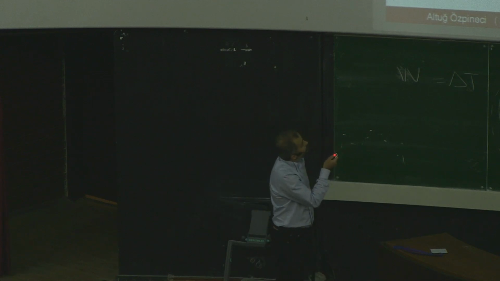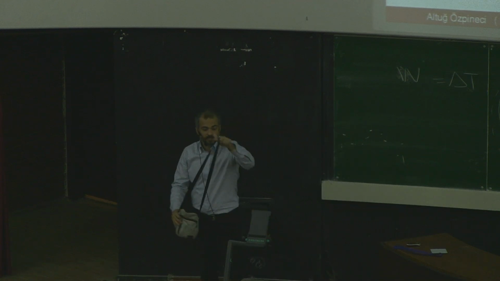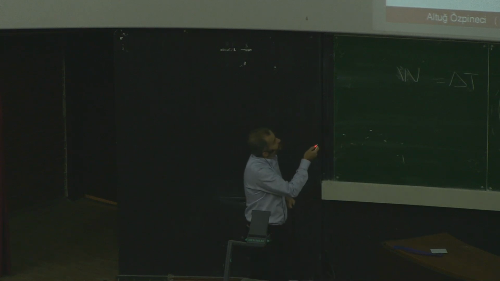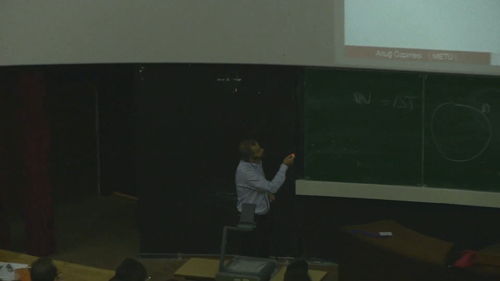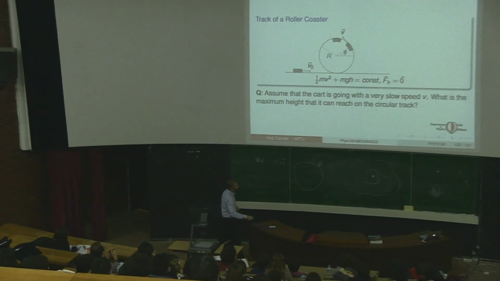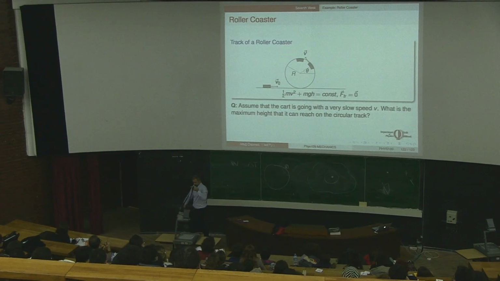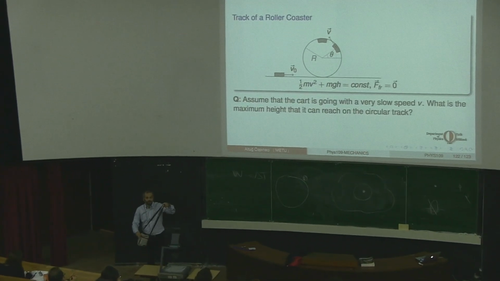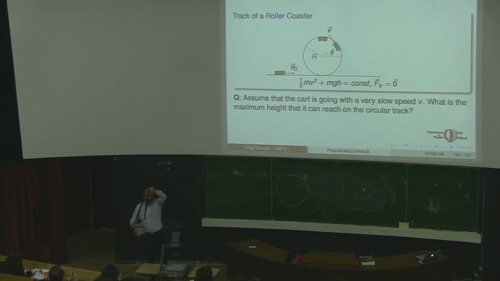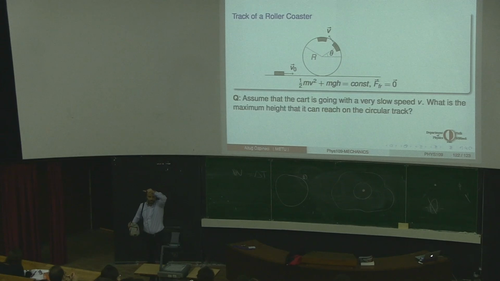So you send it with some initial velocity. If this initial velocity is very slow, then we know that it just rises to some height and comes back. So it will just come here, move a bit up, and then come back down. If the initial velocity is fast enough, then it will make this turn safely. So it will just start from here, safely make a full loop, and then continue with its track.